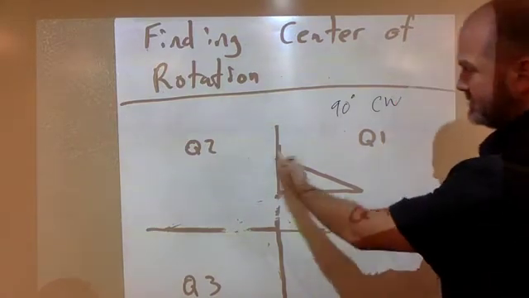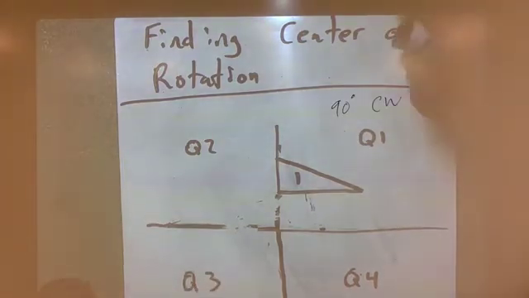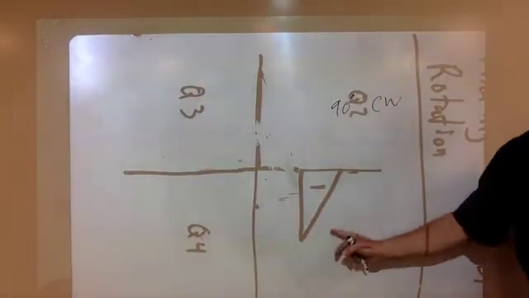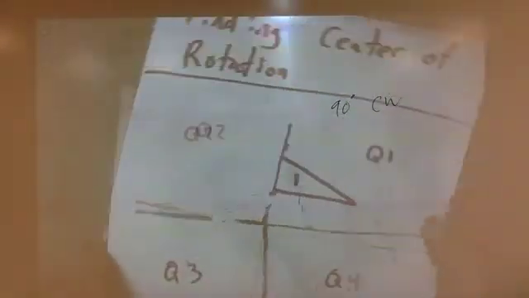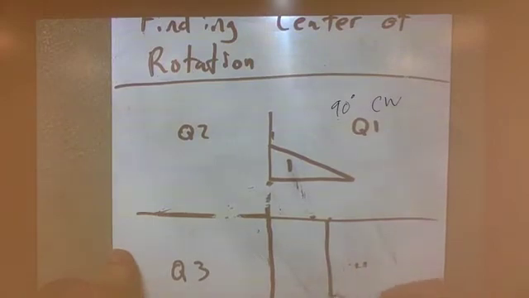Because clockwise is from 12 to 3. So if we spin it clockwise 90 degrees, we're going to end in the bottom right-hand corner, which is our quadrant 4. So if we spin 90 degrees, it's going to look something like this. Right?